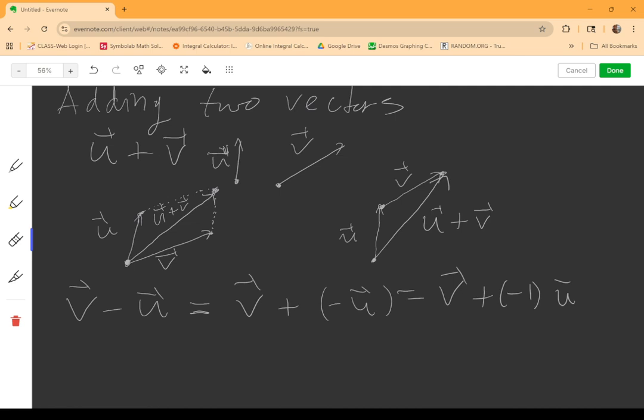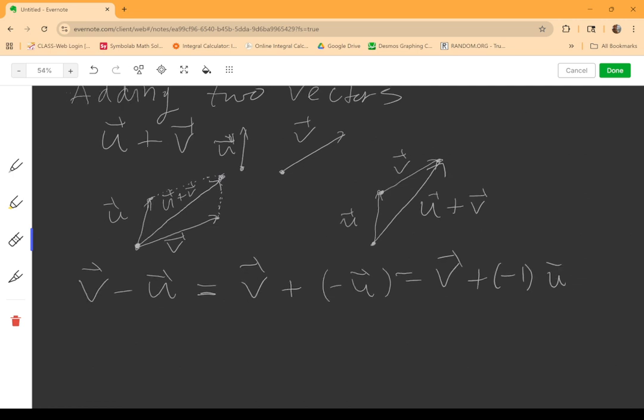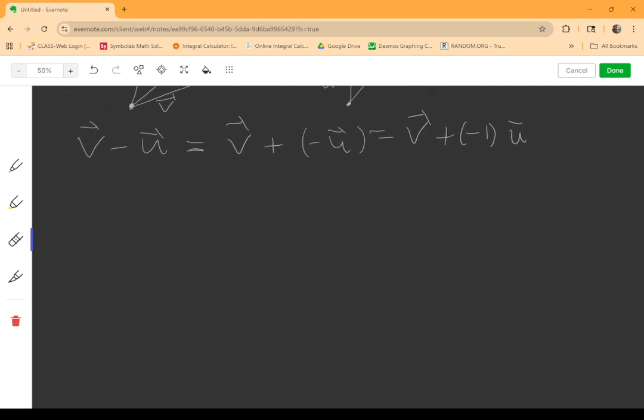All right. One way to think of this, v minus u, is we can put both at the same initial point.